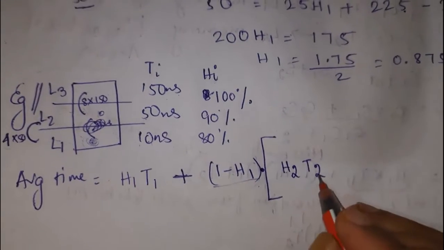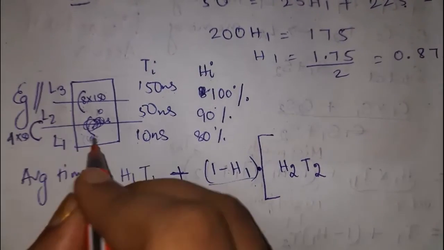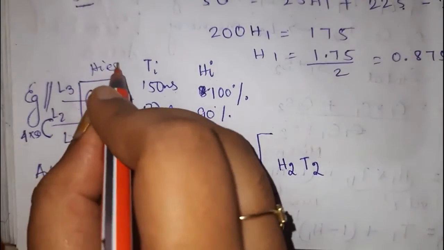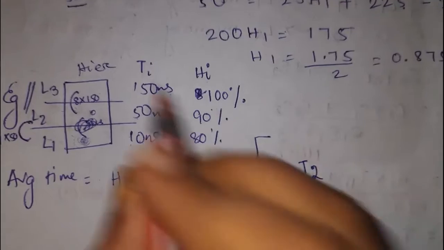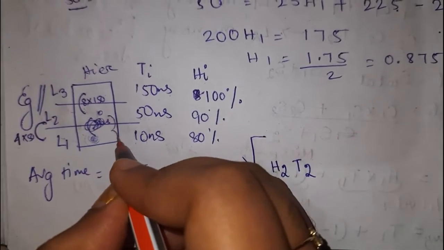Not only T2, it is also mentioned that this is a hierarchical memory structure. Hierarchical means it will come from here to here and then again here.